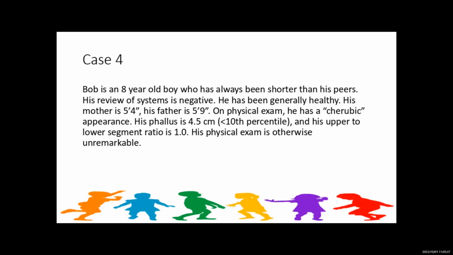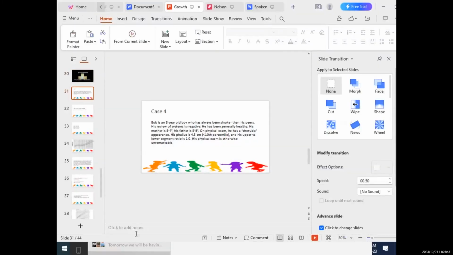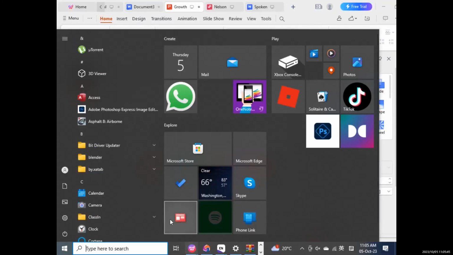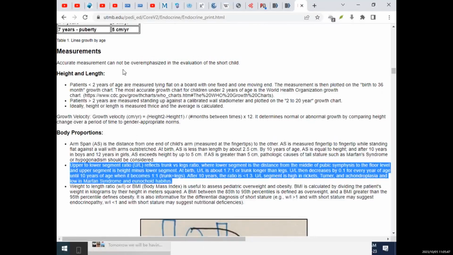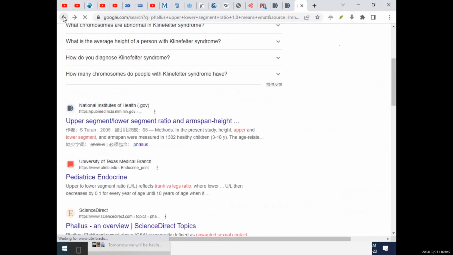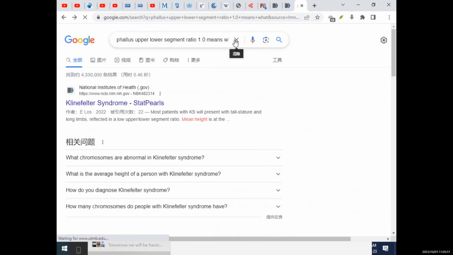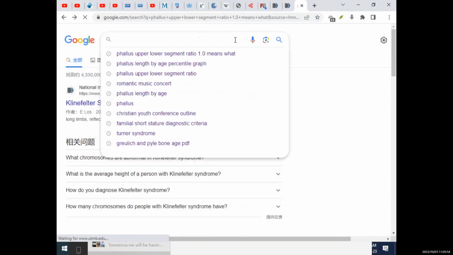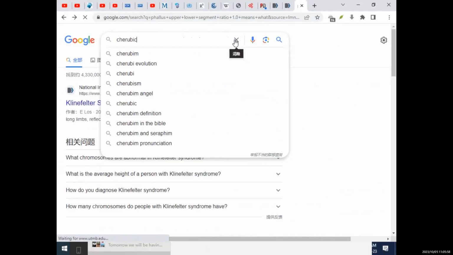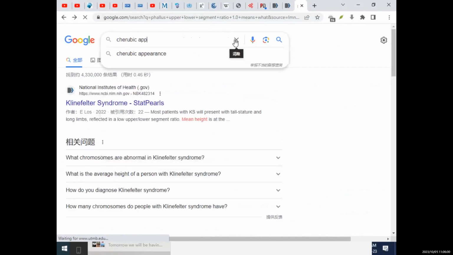What is cherubic appearance? Okay, perfect. Let's have an image of this appearance and see here. Cherubic appearance.